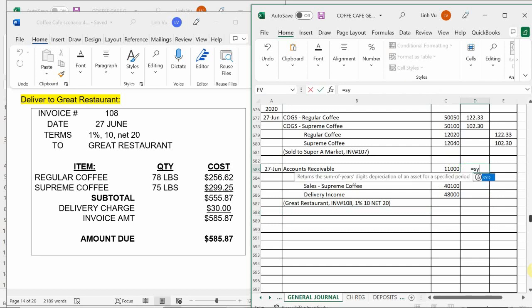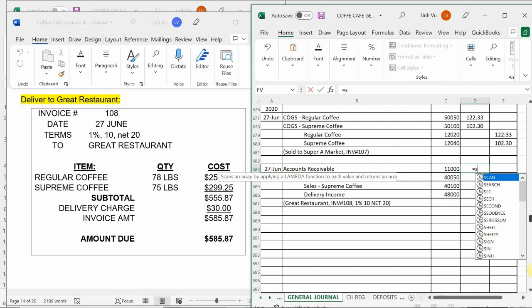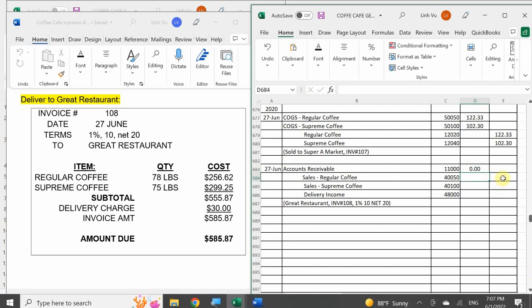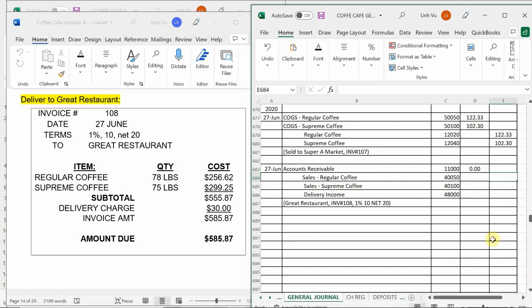What was the price for the amount of regular coffee that we sold? We sold 78 pounds of the regular coffee for $256.62.